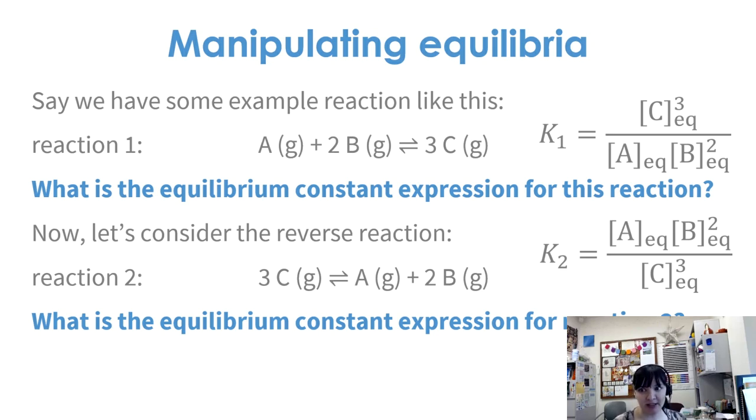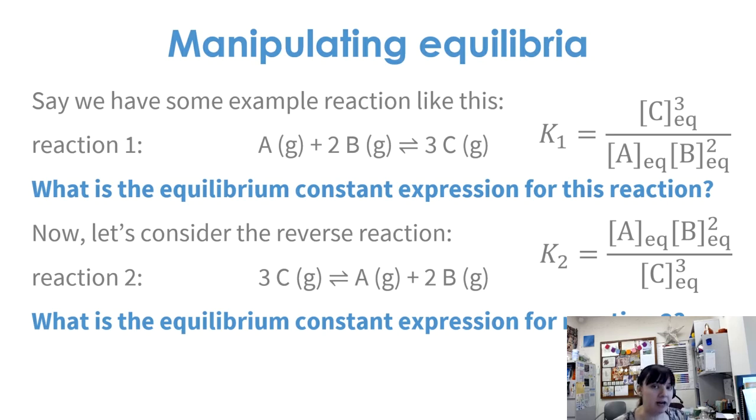Now I want us to consider how these two reactions compare and how these two equilibrium constants compare. If you look at the first reaction versus the second, we're basically just flipping or reversing the reaction, switching what the products and reactants are, but not changing anything else. Looking at the K constant and its expression, we can see how they are similar, but the key difference is that because we've switched the products and the reactants, we've essentially switched the numerator and the denominator.